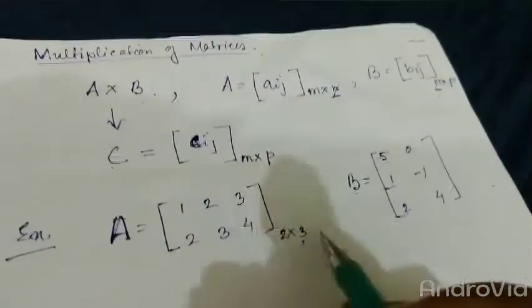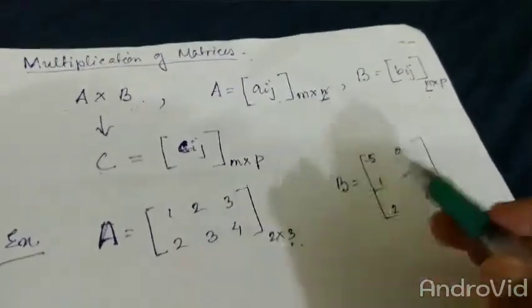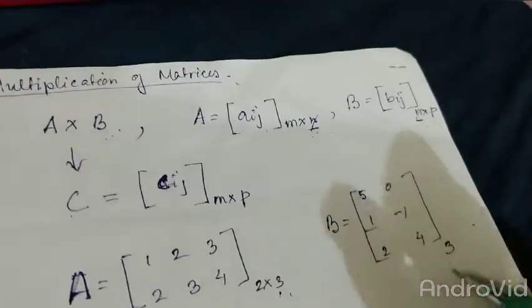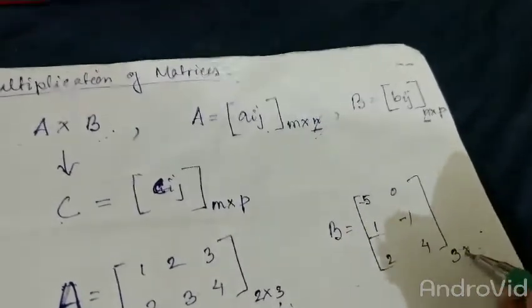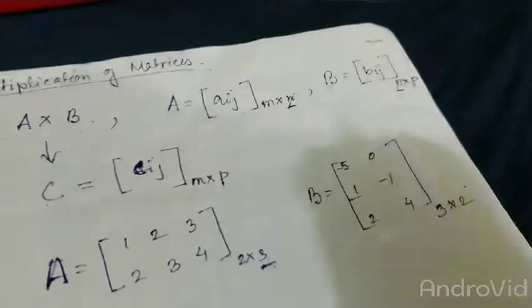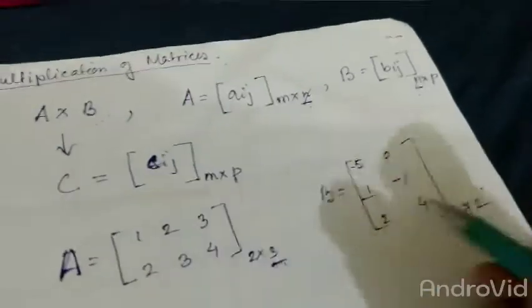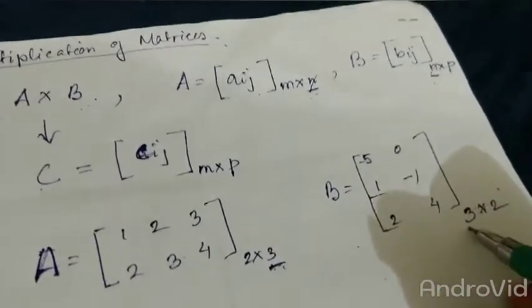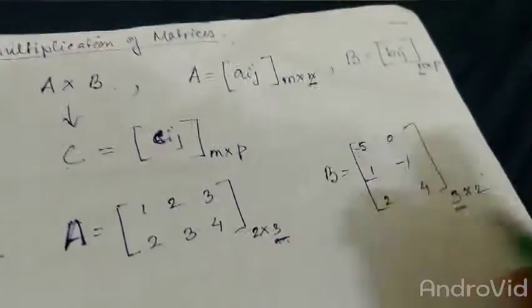Here the number of columns of A is 3 and the number of rows of B is 3. Columns can be anything; here we have taken 2. Because the number of columns of A is 3 and the number of rows of B is also 3, we can multiply A and B.